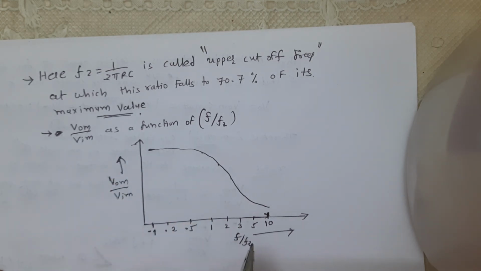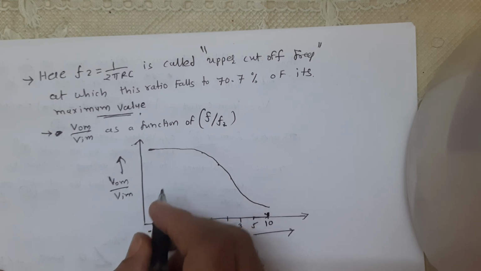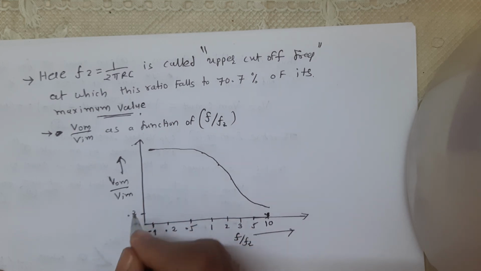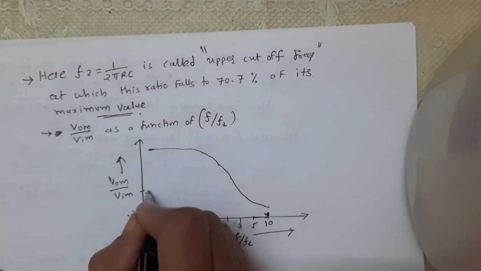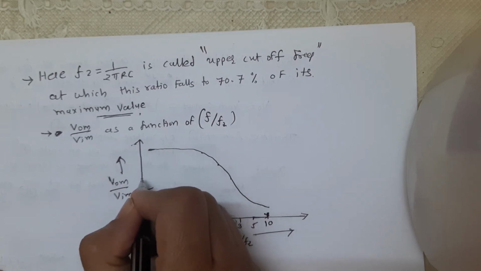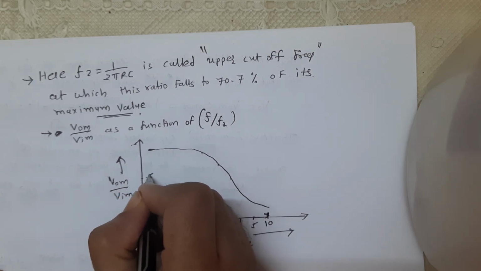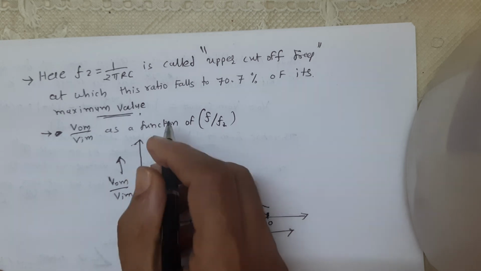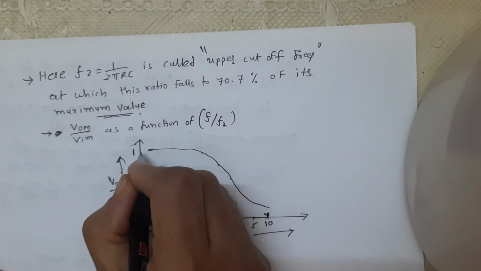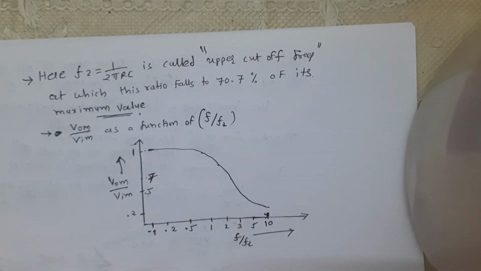Here the gain is 0.2, 0.5, 0.7, like this, and this is 1.